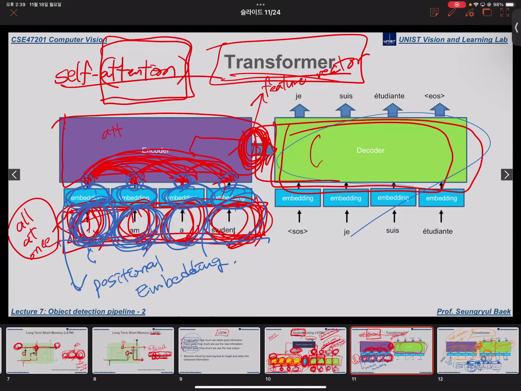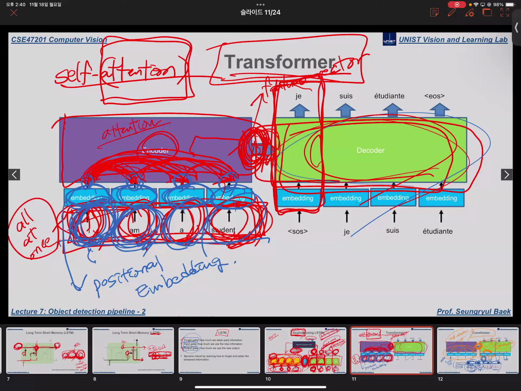So we call this mechanism the attention mechanism. We calculate all the relationships between the inputs and encode that as the feature after the encoder. But the decoder is working in a sequential way. So the decoder is more like the LSTM, but still different. This kind of decoding is operated in an autoregressive way.